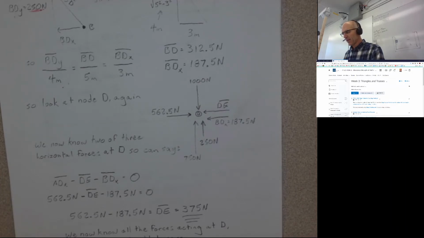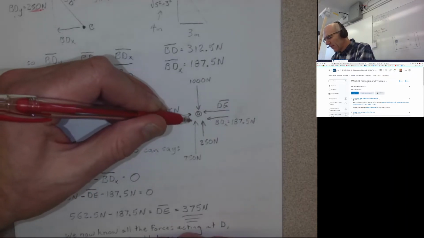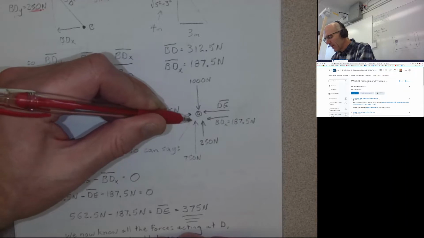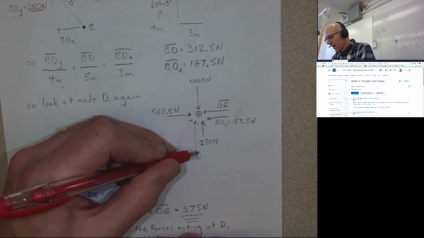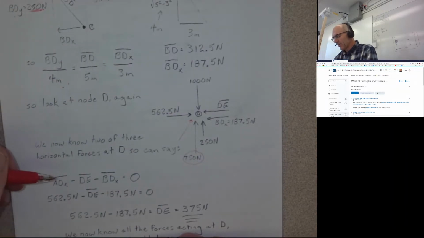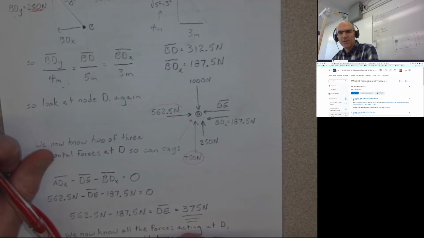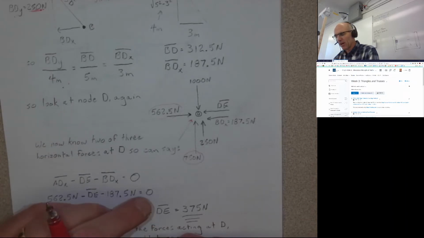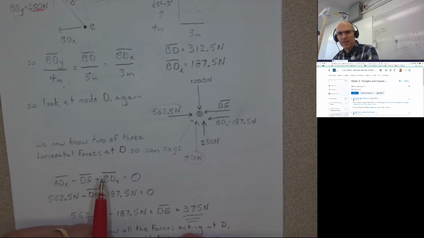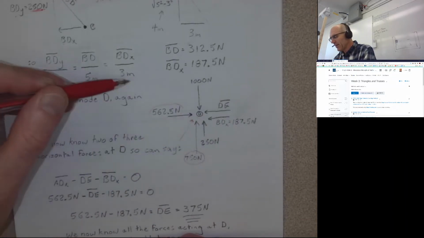into there. So we started off with this low member coming up in here, and we knew that this was going to be 750 newtons, 562 newtons horizontal, because we'd already calculated that for right down here. We carried that over to here.